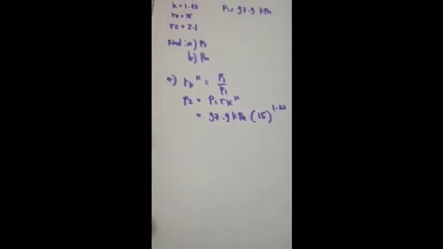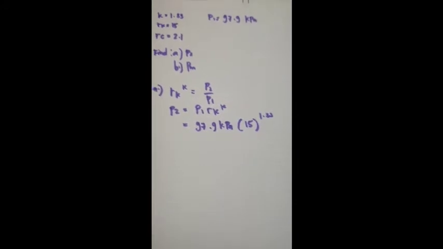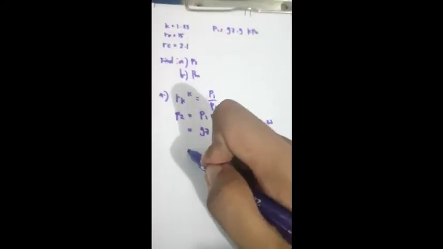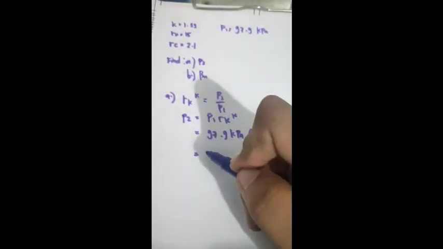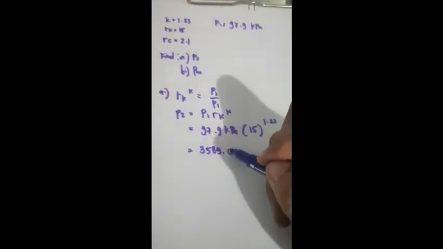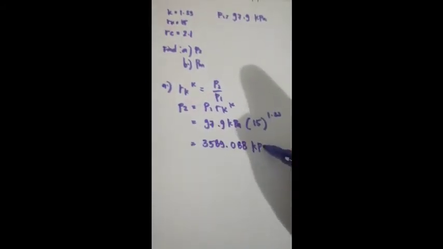So P2 is equal to 97.9 times 15 raised to 1.33. So P2 is equal to 3589.088 kilopascal. So that is the pressure just after the compression.